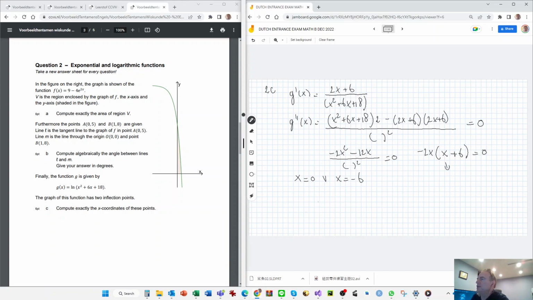So indeed this derivative will have an extreme, and these are two inflection points with these x coordinates. And I guess maybe you have to show just a little bit better that this indeed is changing sign, so that it's an extreme.